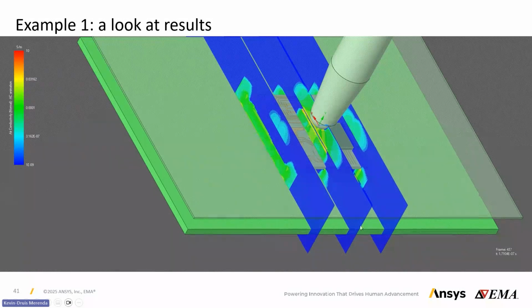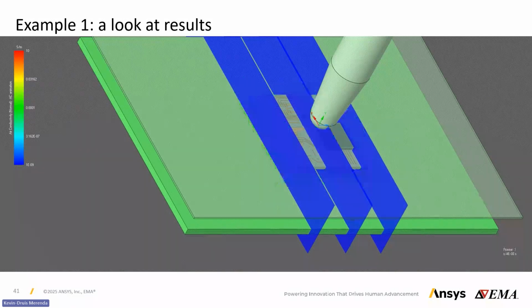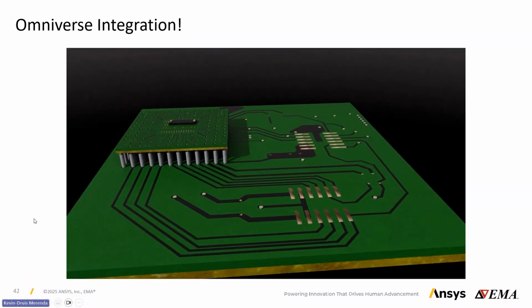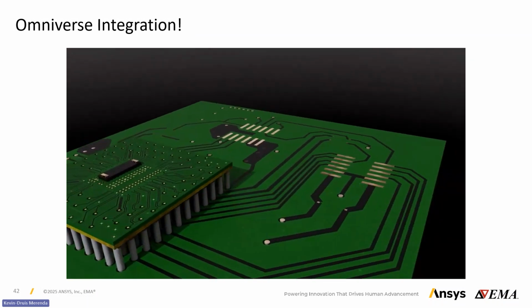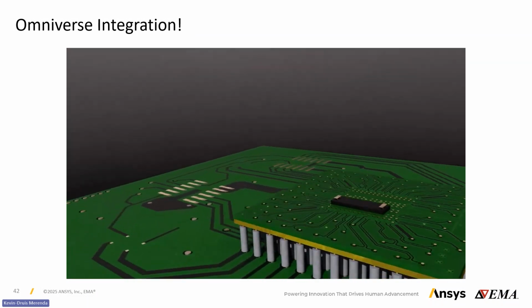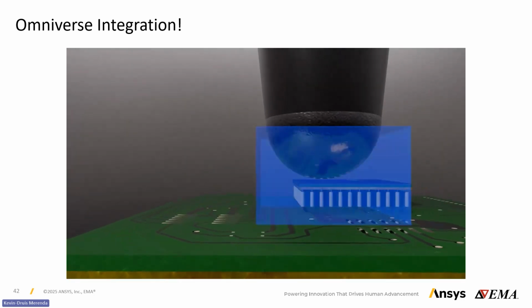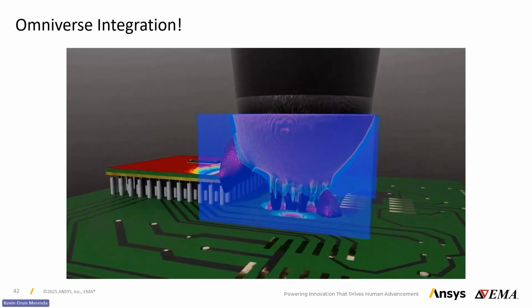And then we have a path for air to just keep ionizing in various places. And we're using these cut planes to probe the discharge and the air conductivity in various locations. We do save the data in 3D now. As of 25R1, we have HDF5 file format to save very efficiently the data. And we can pass on that information to NVIDIA Omniverse, and we can create very amazing animations to visualize where the arcs are happening, how much current is flowing or fields are propagating through the system.